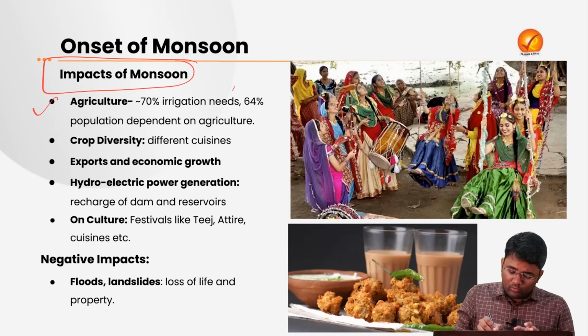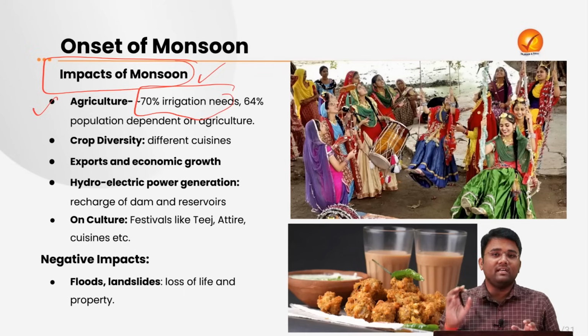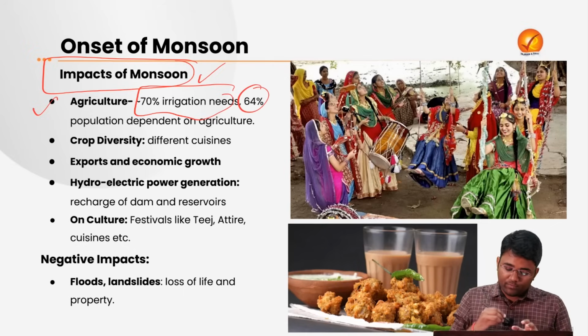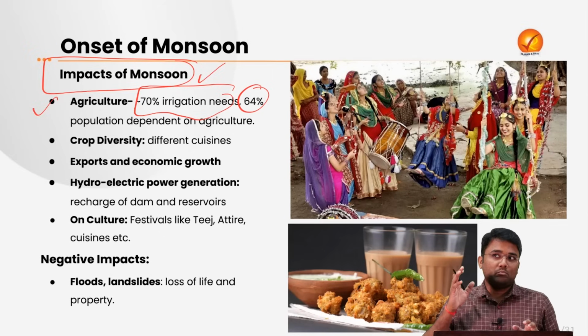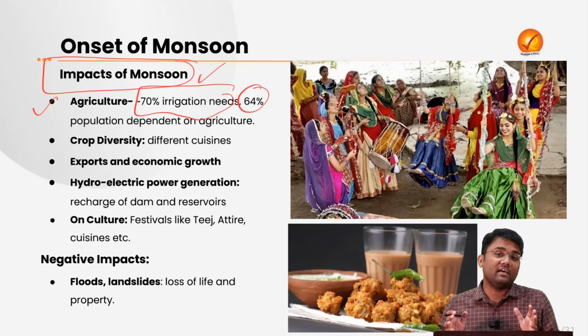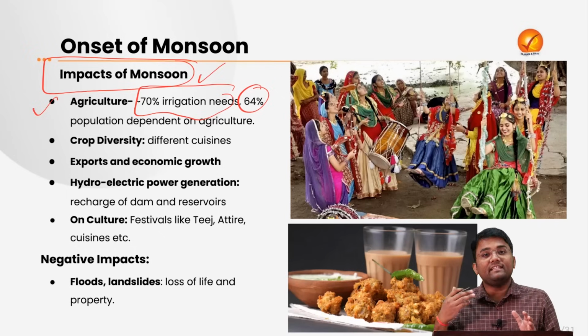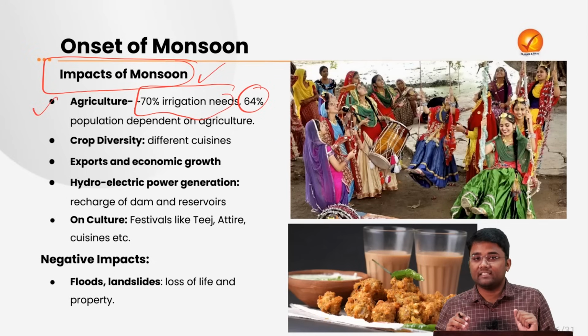First, almost 70% of India's irrigation needs are fulfilled by the monsoon only. 64% of the population is dependent on agriculture, and when 64% of the population is dependent on agriculture and 70% of irrigation needs are being fulfilled by the monsoon, we can think how important the monsoon is for India's agricultural productivity and food security needs. So monsoon is very important for India's food security and agricultural needs.